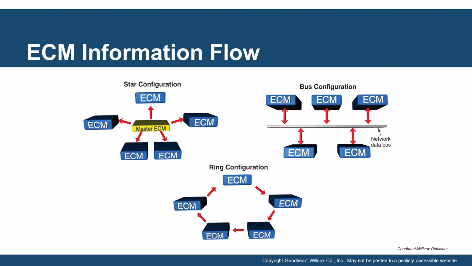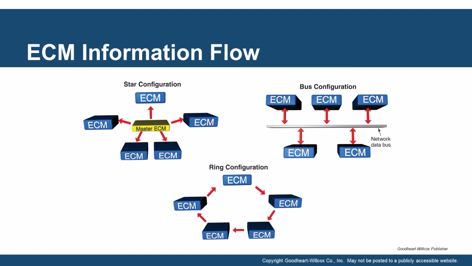Now, here's a better picture of what's going on. You can see here when we have an ECM set up, we have different configurations. The first one we'll talk about is a star configuration. That's where you've got a master control unit in the middle with what they often refer to as slave control units. In this case, there would be 5 slave control units around the outside.